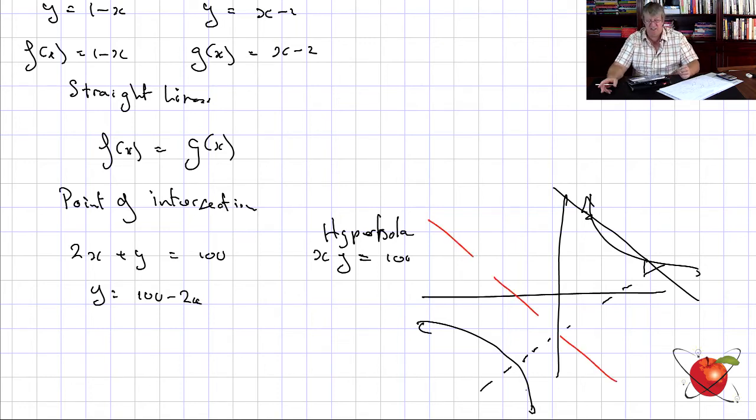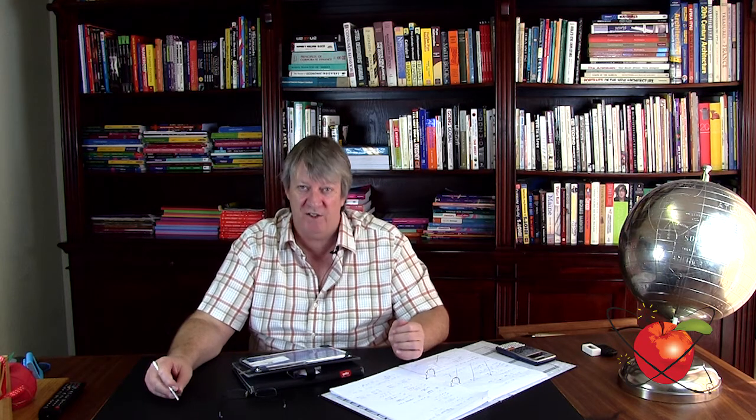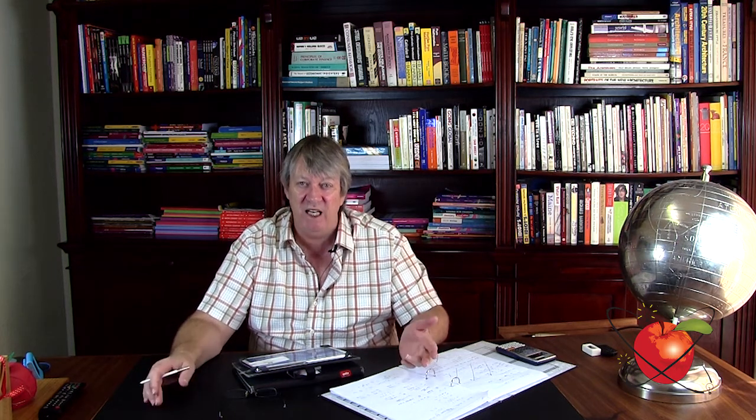So watch out in the question for what they're going to ask. If the question says, do the graphs intersect, then they may not. If they say, find the points of intersection A and B, then obviously they do. So if you don't get an answer, there would have been an error somewhere.